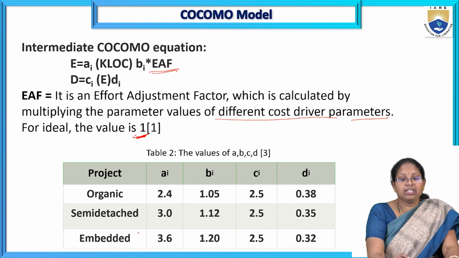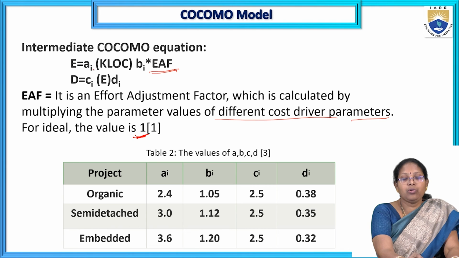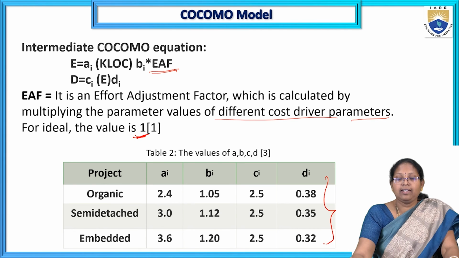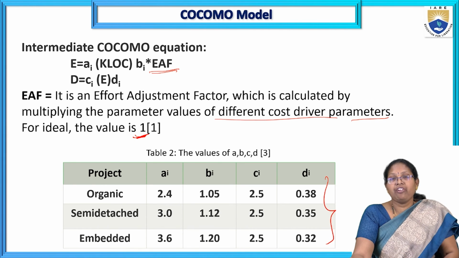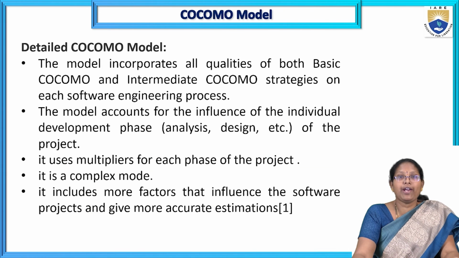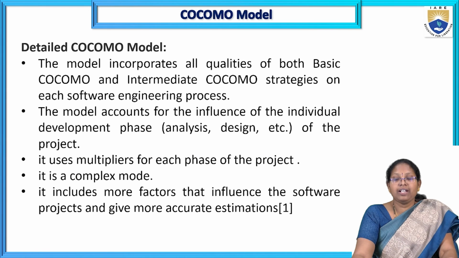So E is equal to A1 times KLOC to the power B1, times the EAF value from the table, and we calculate the effort as well as the development time and the number of persons required. So that is the intermediate COCOMO model.